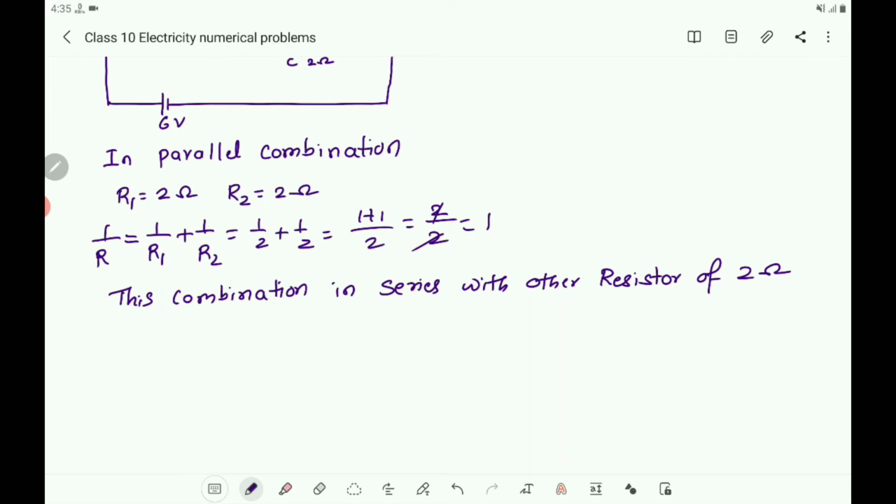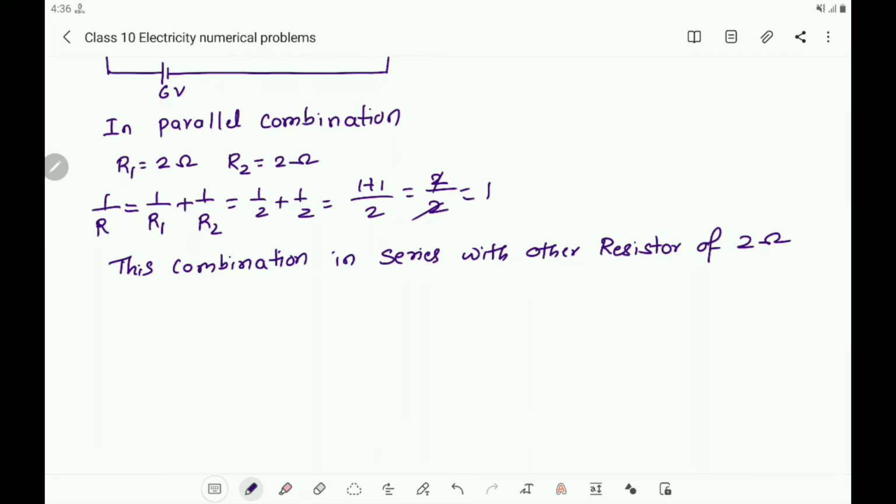So you take then the equivalent resistance. Let us take this 2 ohm resistor as R1 equals 2 ohm, and let us take this as R2, so R2 equals 1 ohm, then R equals what?